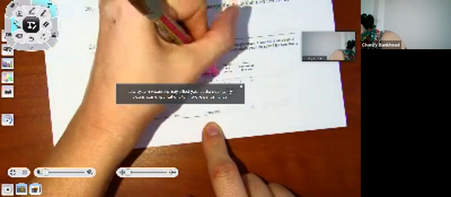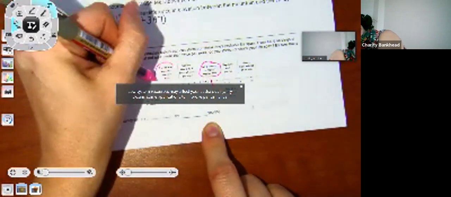Number 21 says the number line shown below indicates factors that can stretch or shrink one's probable lifespan. If you eat 5 servings of fruits and veggies a day, and you eat red meat more than twice per week, do you stretch or shrink your lifespan by how many years? Eat 5 servings of fruit and veggies a day, that's at positive 3.